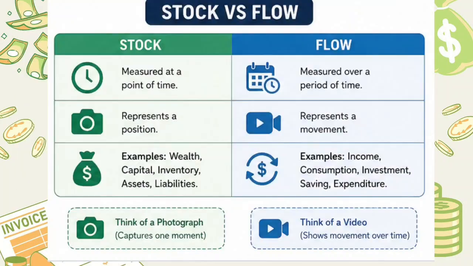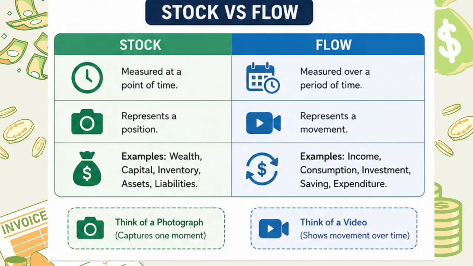Now there is one more concept, stock and flow. A stock is a variable that is measured at one particular point of time, for example, wealth, capital and inventory, whereas a flow variable is measured over a period of time. It includes income earned in a year, monthly consumption or annual investment.